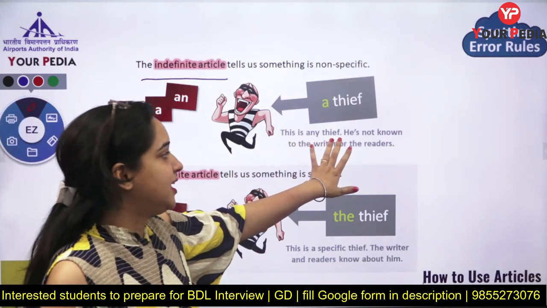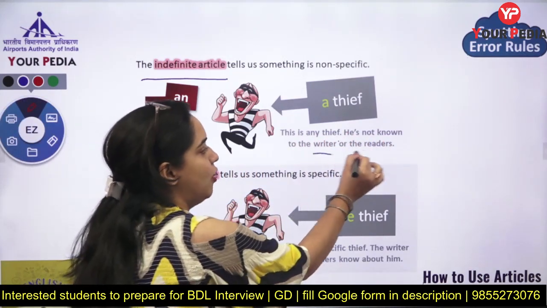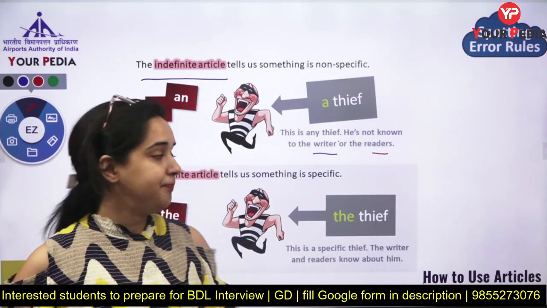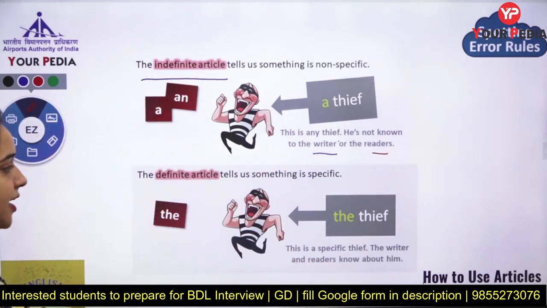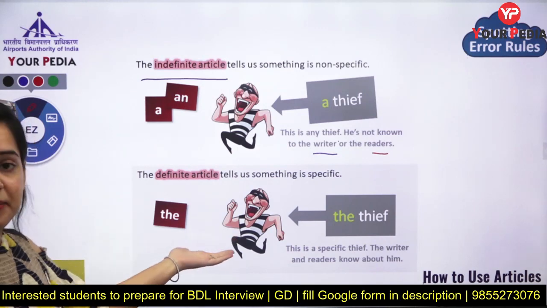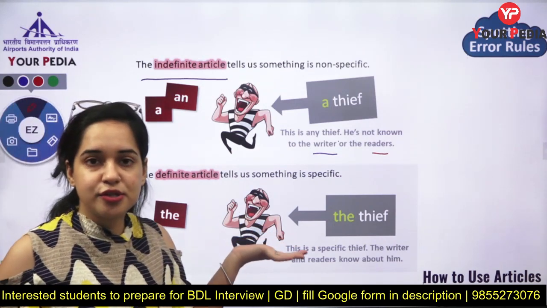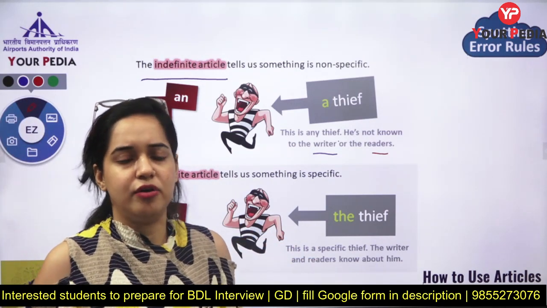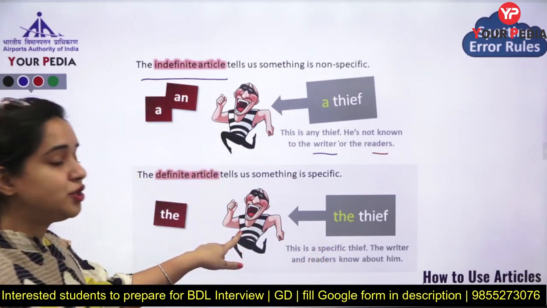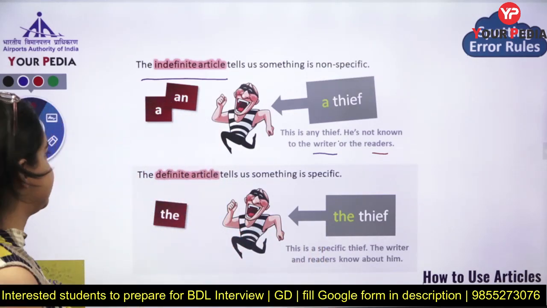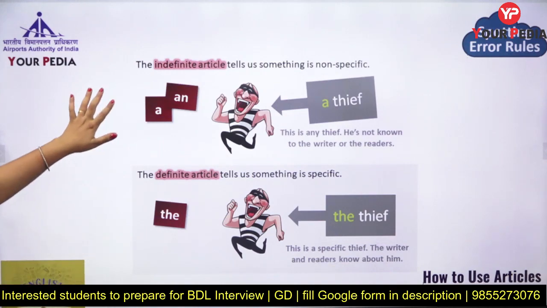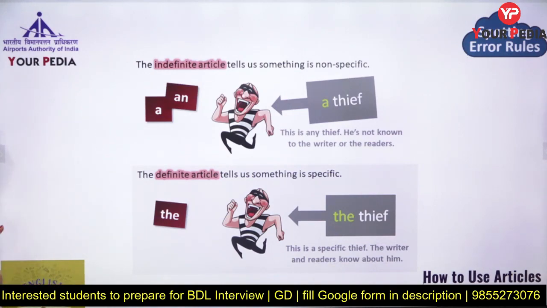When there is any thief, he is not known to the writer or the reader. And the next, the definite article, the thief. This is the same thief that has also stolen some money from my house or from somewhere else. So you are sure which thief it is, right? Next is the usage of the articles a, an and the.